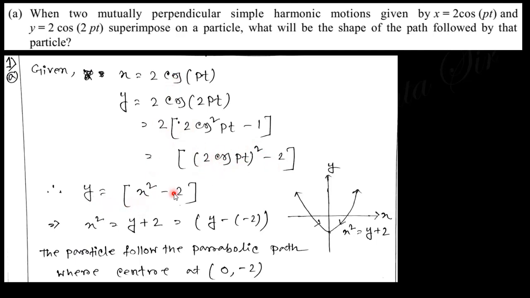So y equals x square minus 2, that is x square equals y plus 2, which means y minus of minus 2. So this is the equation of a parabola, with the vertex at 0 comma minus 2. Okay, go to the next one.